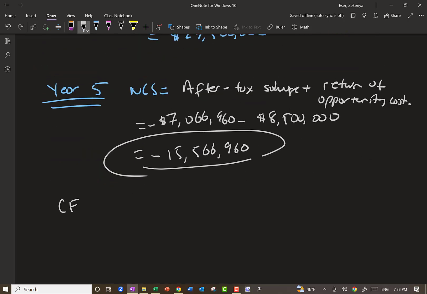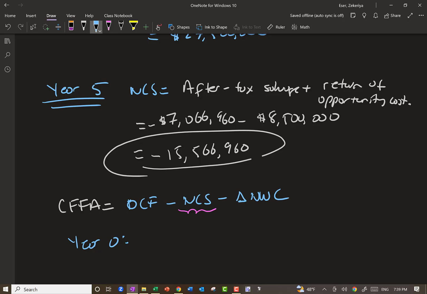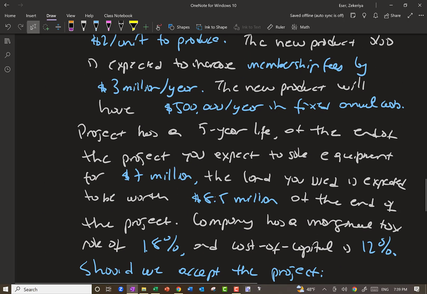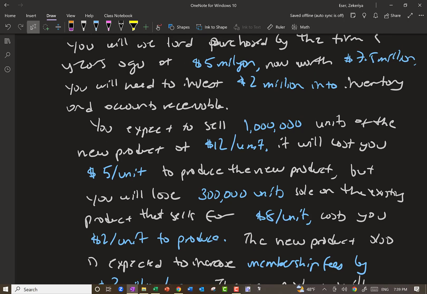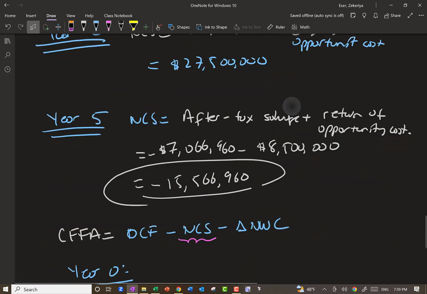Remember, CFFA has three components. Operating cash flow minus net capital spending minus change in net working capital, right? We took care of net capital spending. Net working capital is easy. Year zero, we said we're gonna invest $2 million into inventory and accounts receivables.